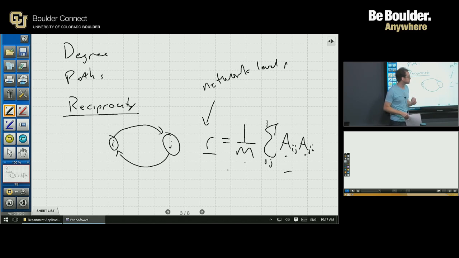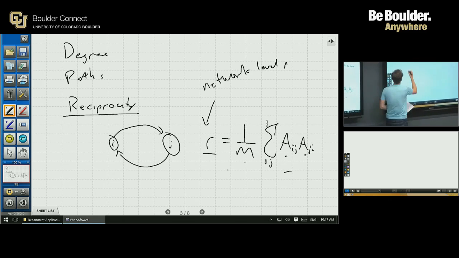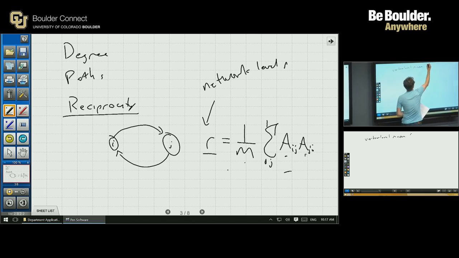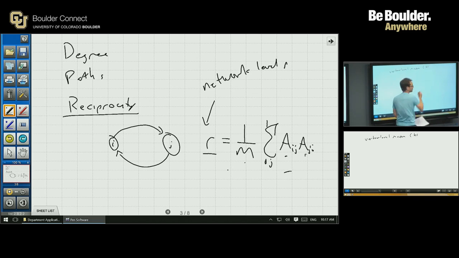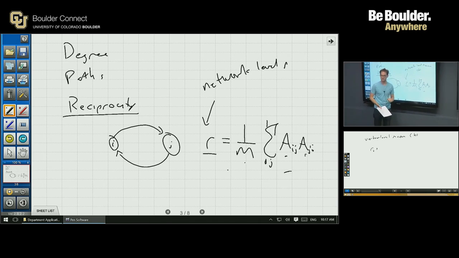You can also compute a vertex level notion of reciprocity. So a vertex level measure, like the degree of i. This would be the reciprocity of some vertex i. So we want something that looks like this equation, but we want it to be about the ith vertex.